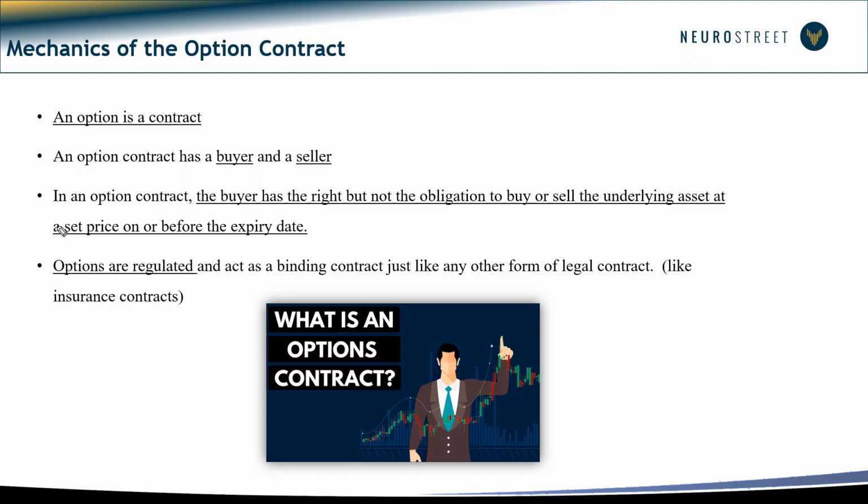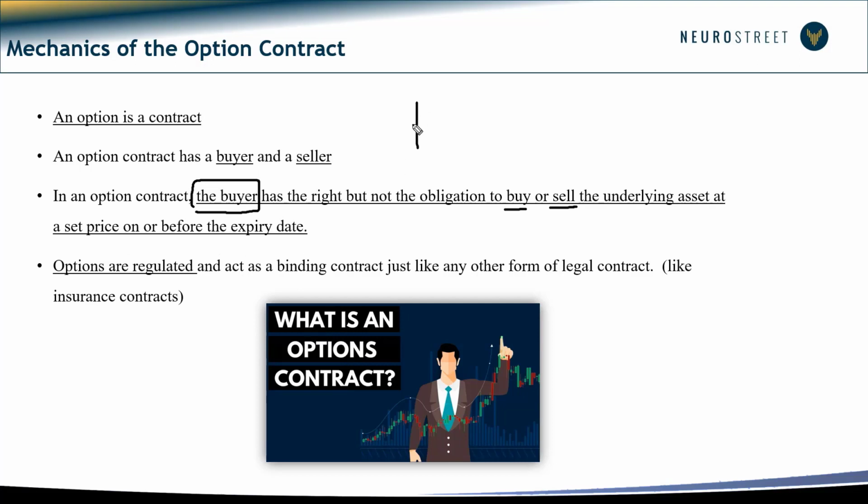In an options contract, the buyer, let me grab the cursor here so you can see this, has the right but not the obligation to buy or sell the underlying asset, the stock, at a set price on or before the expiration date.